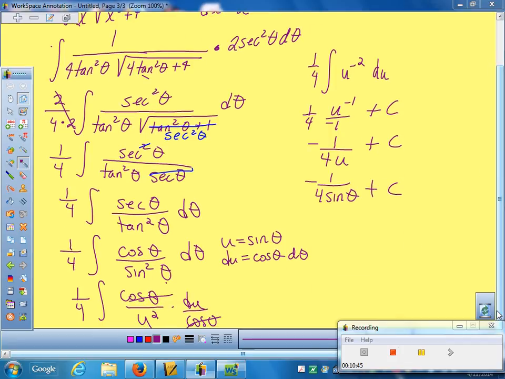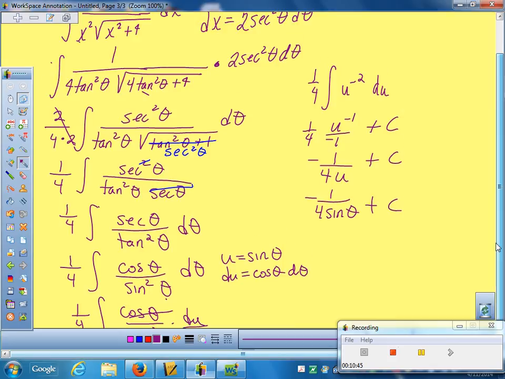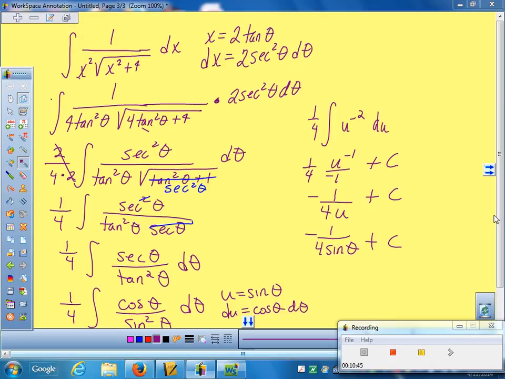We have to get it back to x's. How did we get it back to x's? So we gotta change it to secant. We go back to our original substitution, and we draw a picture. Because we know that x over 2 in this case is tangent.